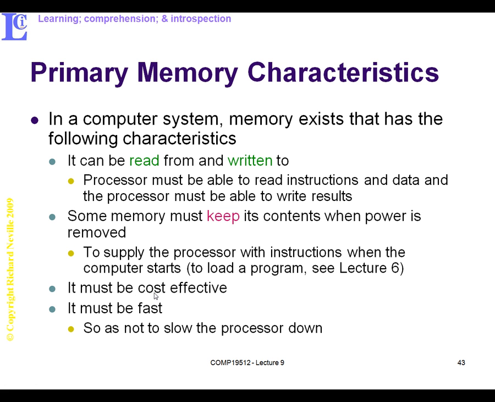So that means that the speed is related to cost, and it's also related to size. And also, as we move away from the processor towards the hard disk, the time it takes reduces. Well, actually it increases because they're running at a slower clock speed, and we've seen that already implicitly.